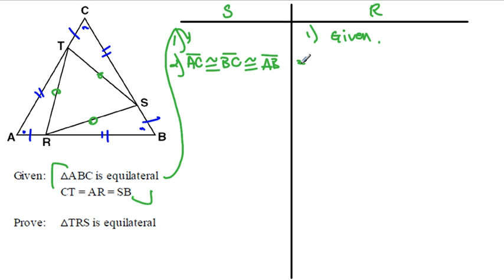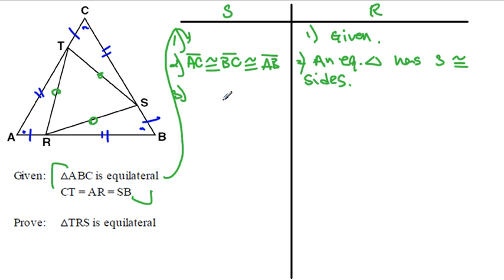Because an equilateral triangle has three congruent sides. Or we can say definition of an equilateral triangle. Either way is fine. And so that's what we end up getting.